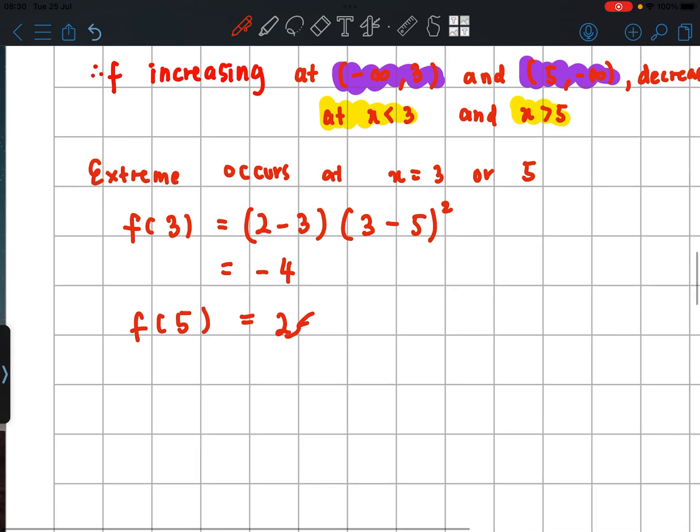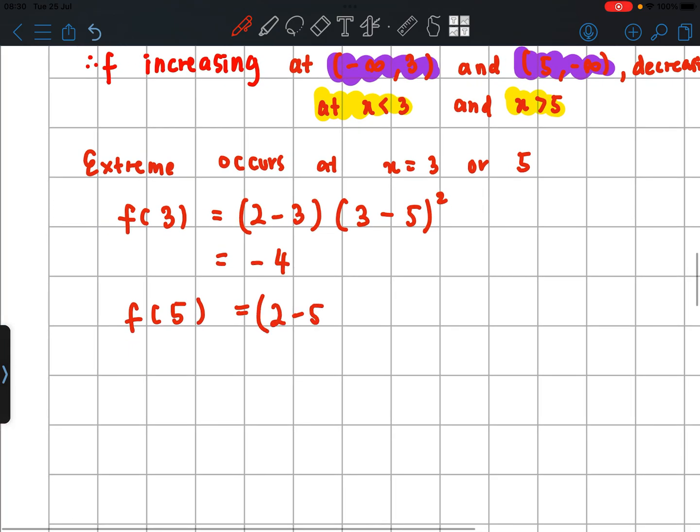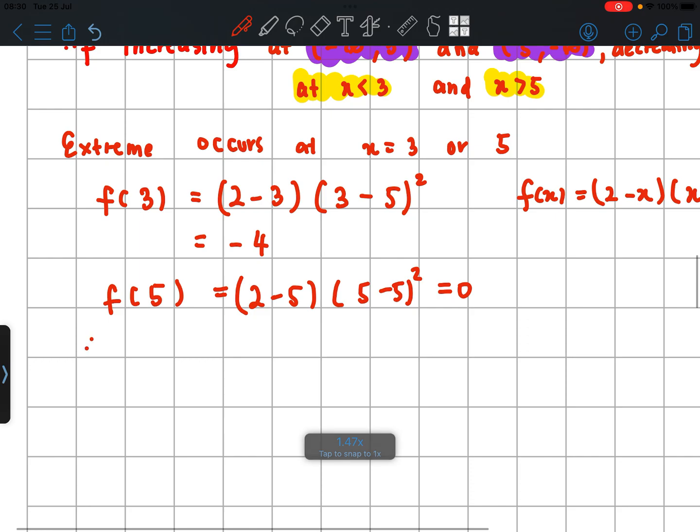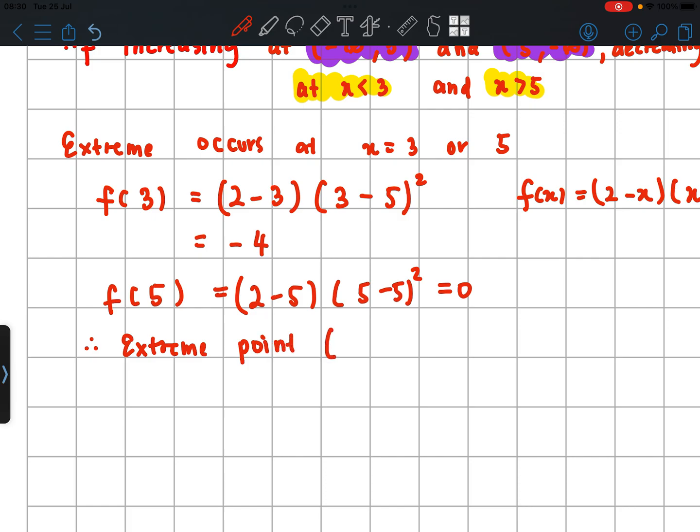So (2 minus 5) times (5 minus 5) squared, so this is 0. So our f(x) function is, you need to remember lah, (2 minus x)(x minus 5) squared. So our extreme point occurs at x equals 3, and y is minus 4. So this is the y value.